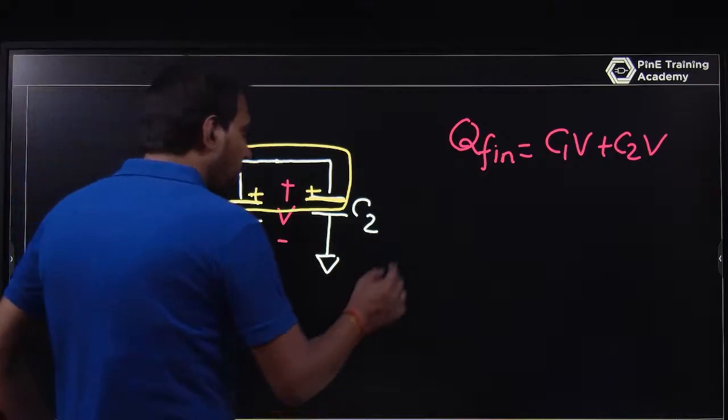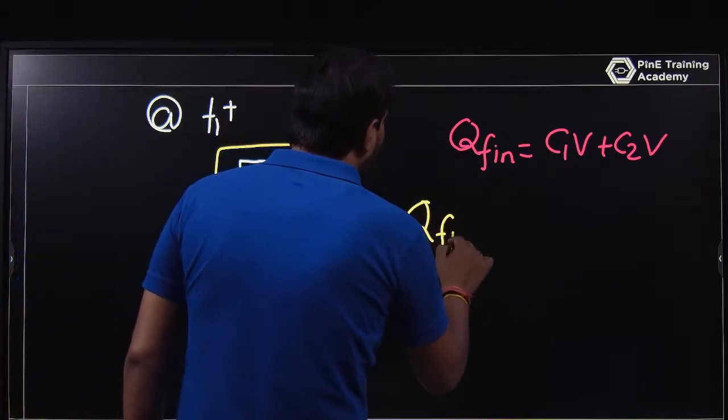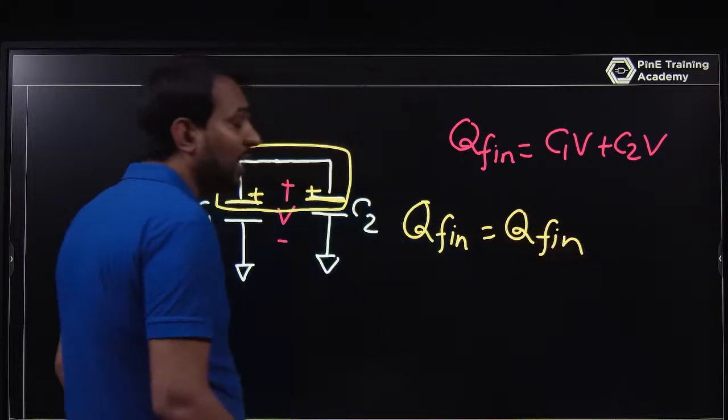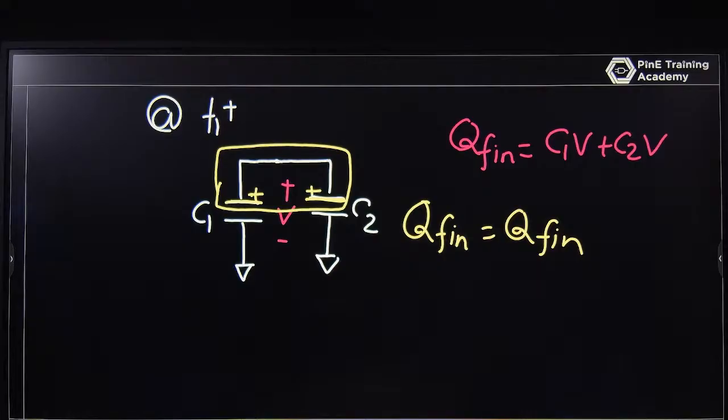And if you apply charge conservation, Q initial is equal to Q final, because the total charge remains the same in a closed circuit.